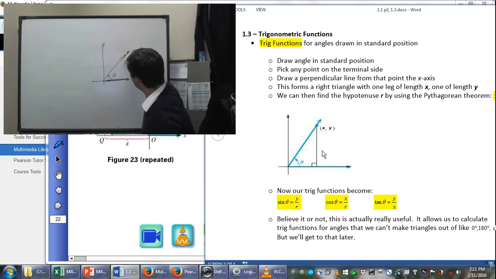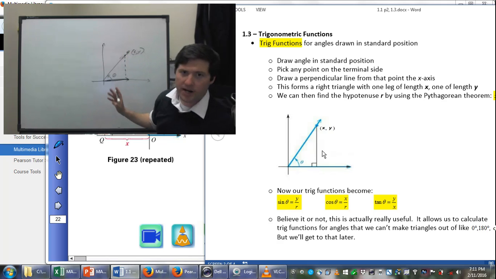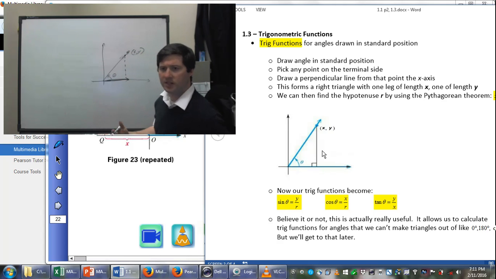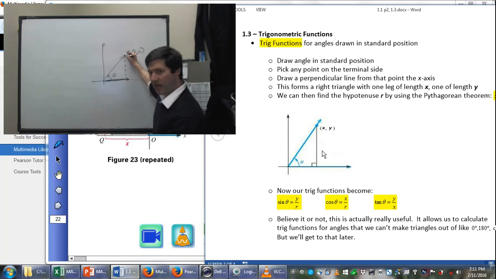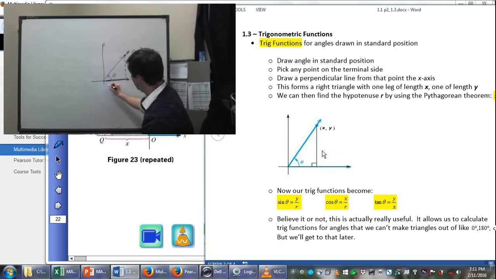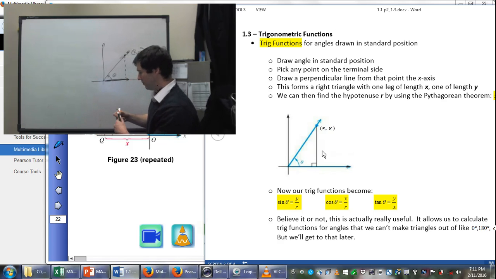We have some angle that's swept out, theta. We have the terminal side of theta, and we've selected some point on our terminal side. I'll make this a little bigger. Right, and from that we draw this right triangle. Or I've drawn this right triangle in your notes.